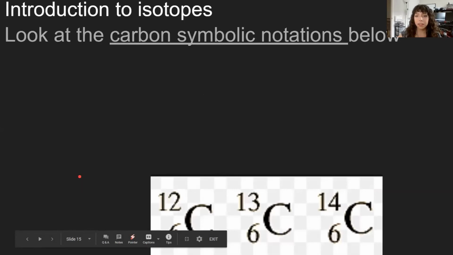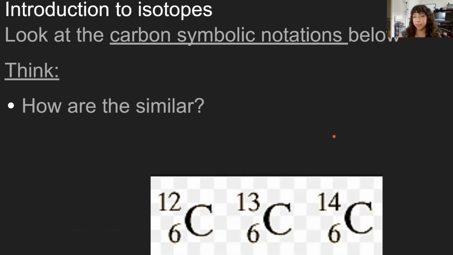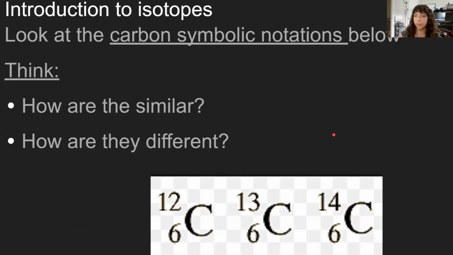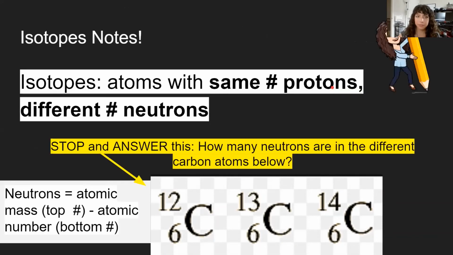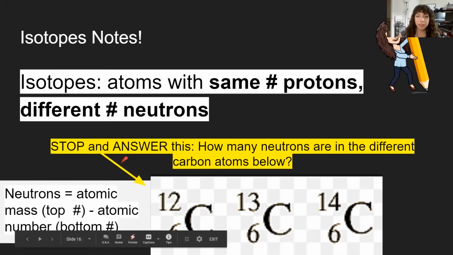Finally, look at the symbolic notations and ask yourself, how are they similar? How are they different? Pause the video, try to answer those questions. Now, there are a few things you might have asked yourself or noticed, but what we've got are 6 protons per each carbon atom.